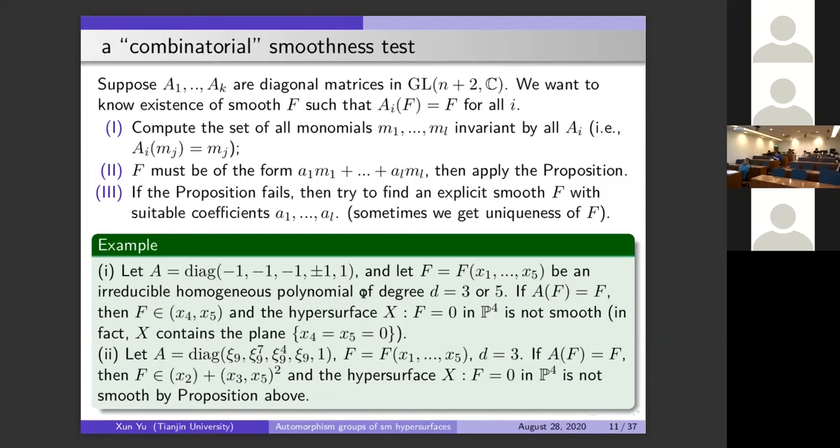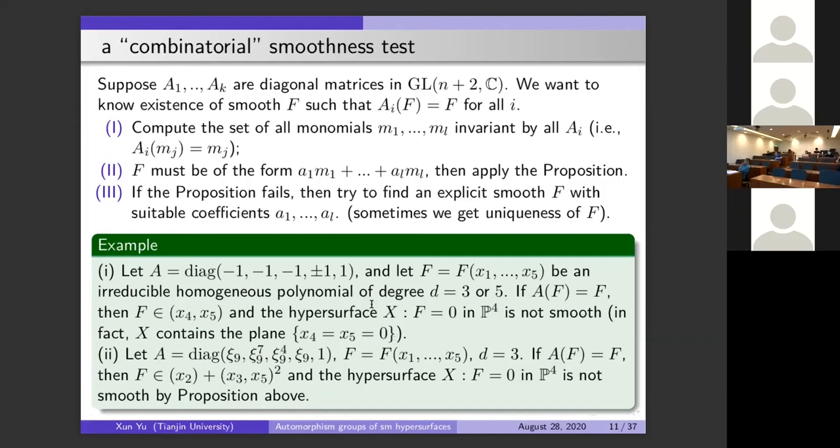Then by this, we know F must be in the ideal generated by x4 and x5, because the total degree is 3 or 5, which is an odd number, and the first three coordinates are -1. So every invariant monomial should have x4 or x5, and then the hypersurface is singular.